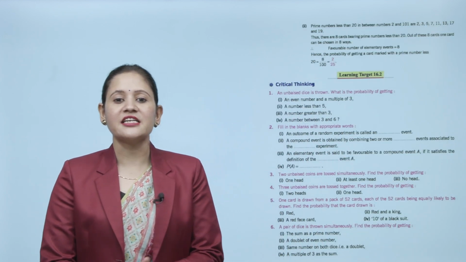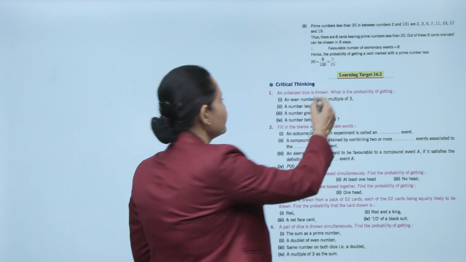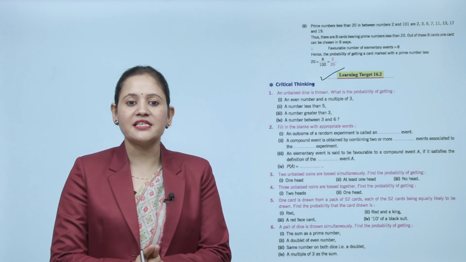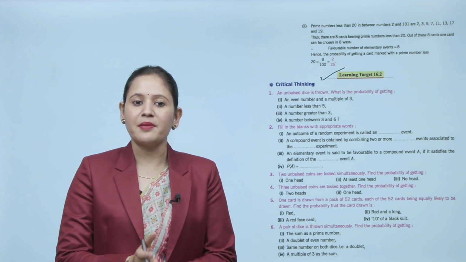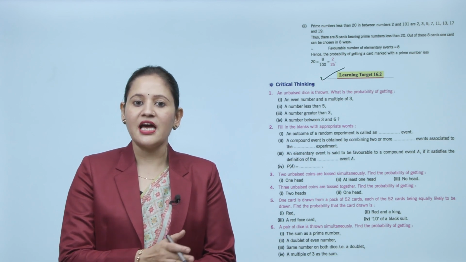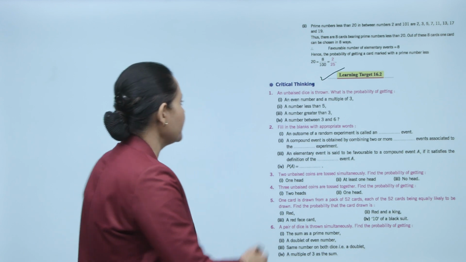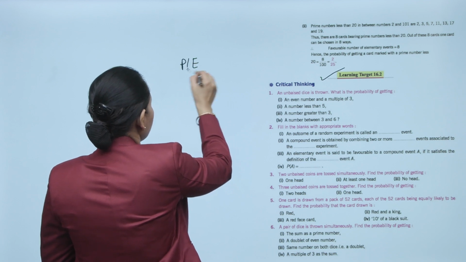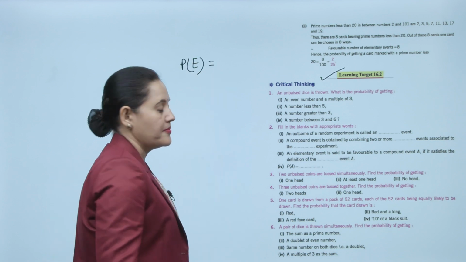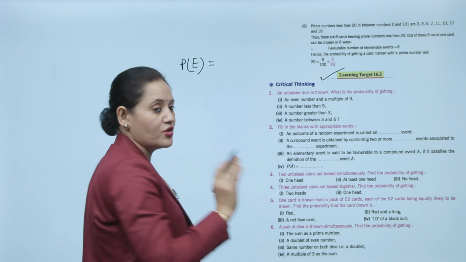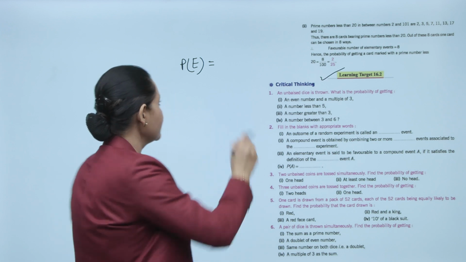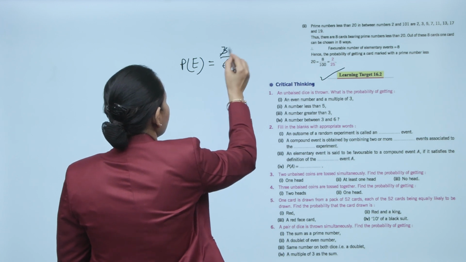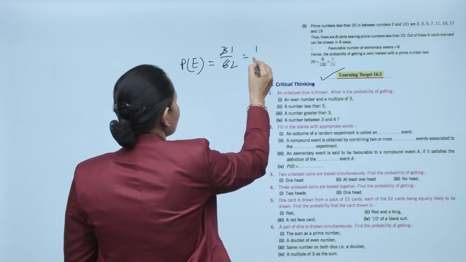Next is learning target 16.2. Critical thinking. An unbiased dice is thrown. What is the probability of getting an even number and a multiple of 3? So, the probability of an even number: even numbers are 2, 4 and 6, and the total is 6, so 3 upon 6, that is 1 by 2.